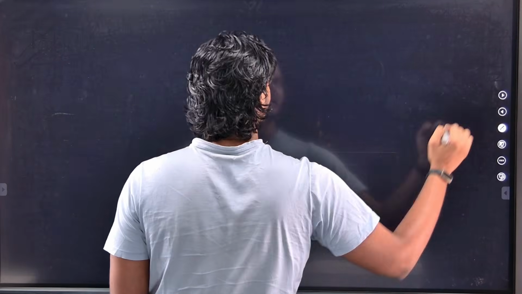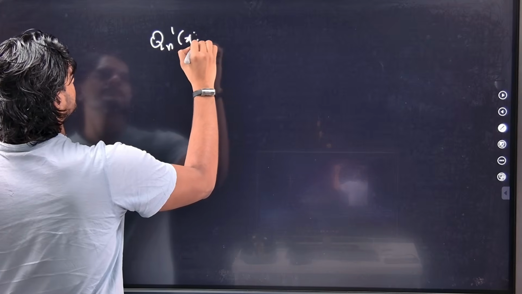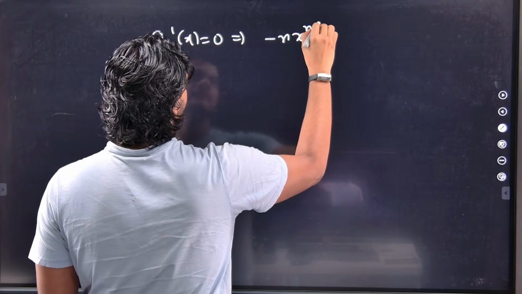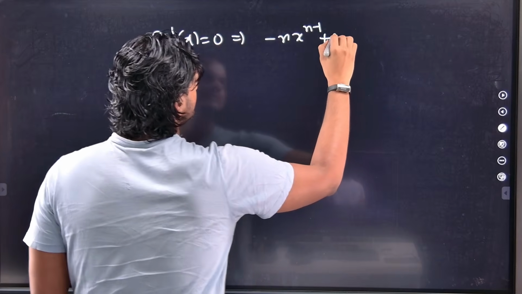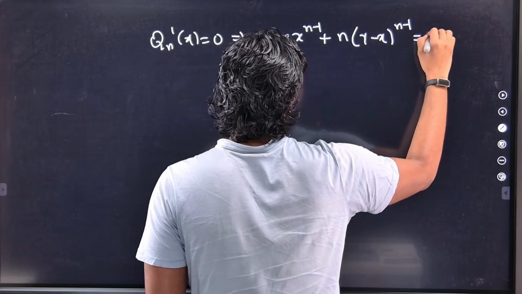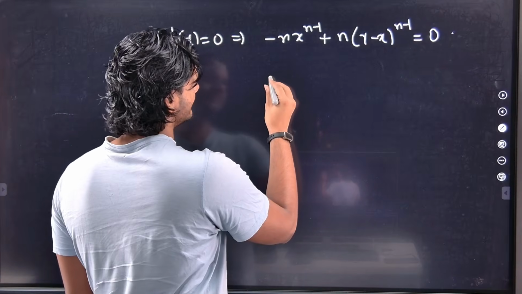So when is Qn dash 0? Qn dash of x equal to 0 implies minus n x power n minus 1 plus n into 1 minus x whole power n minus 1 equal to 0. And we are talking about real numbers only, so we won't consider the complex roots.